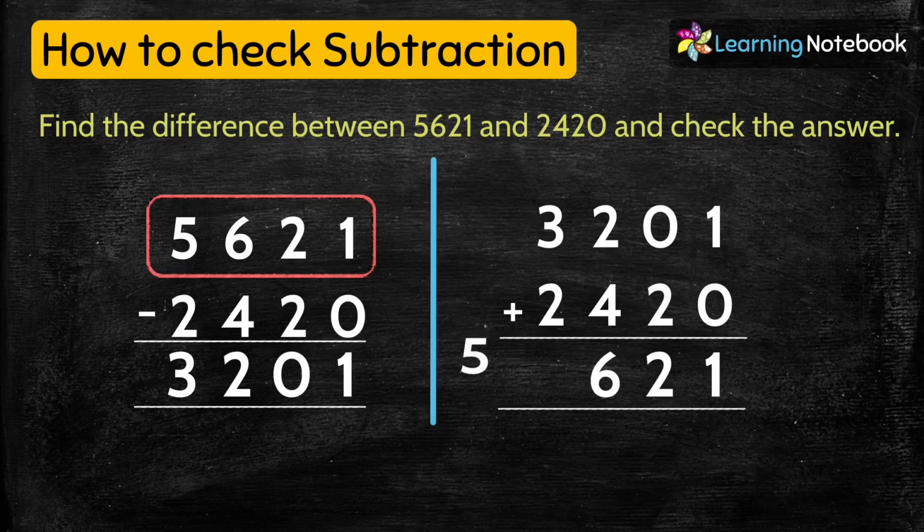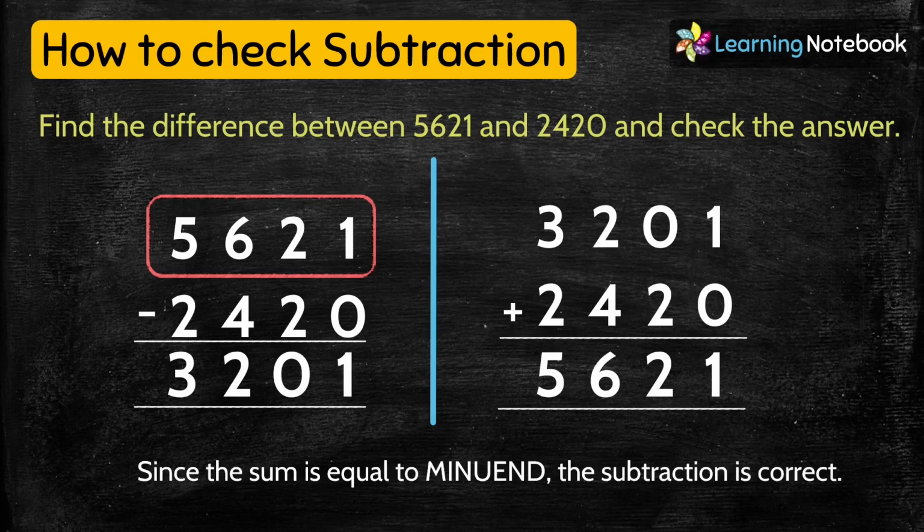And 3 plus 2 equals 5. Now, since the sum is equal to the minuend, it means our subtraction is correct.